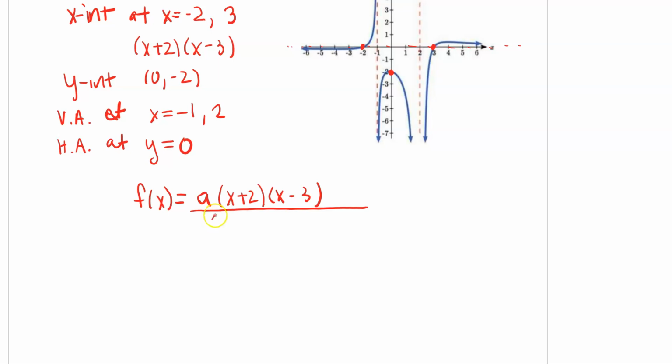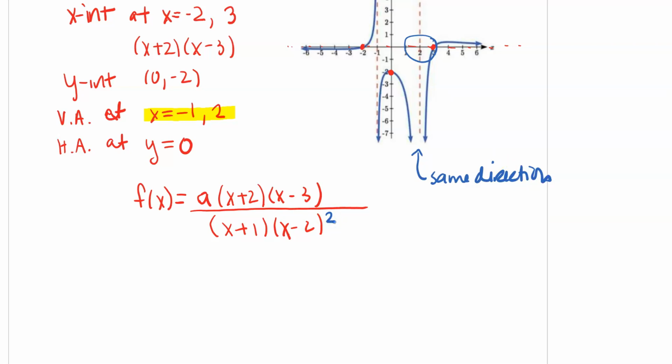So we're going to have x plus 1 and x minus 2 in the denominator. And we can see that right here at 2, since these are going the same direction, we're actually just going to have a square right here.